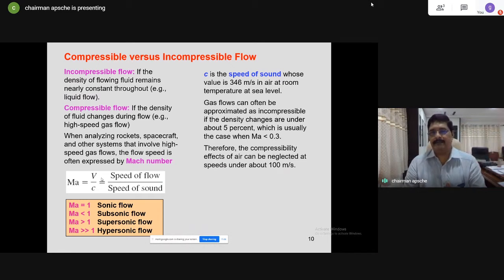Fluid flows can be broadly classified into subsonic, sonic, and supersonic. Probably when you discussed nozzles in your applied thermodynamics, you must have discussed all these fluid flows: sonic flow at the throat, subsonic at the entrance, and supersonic at the exit in a convergent divergent nozzle, right?